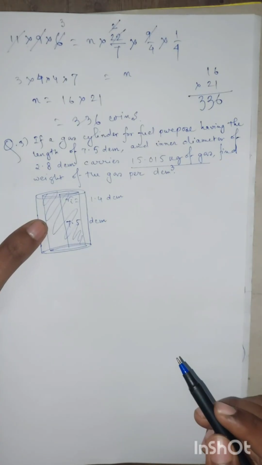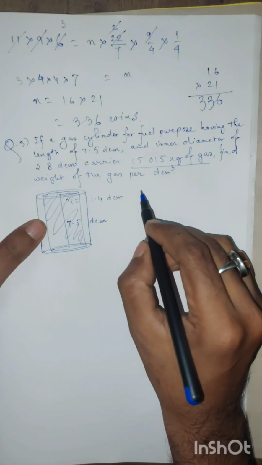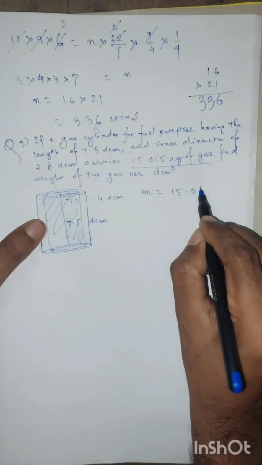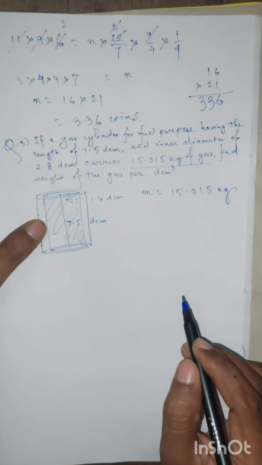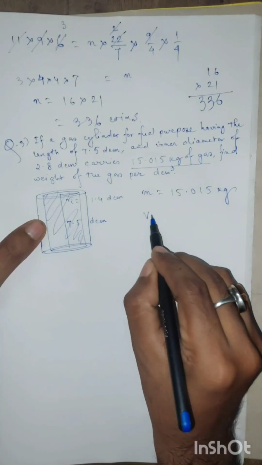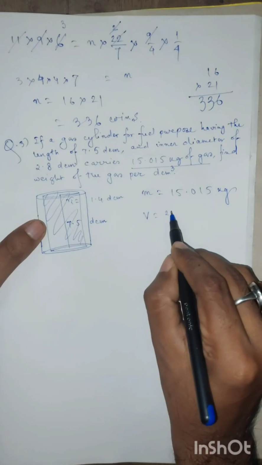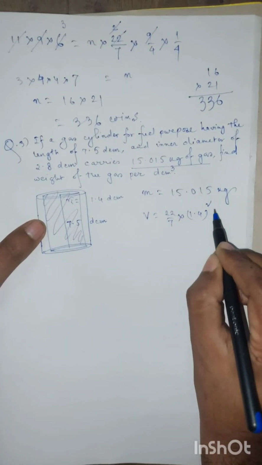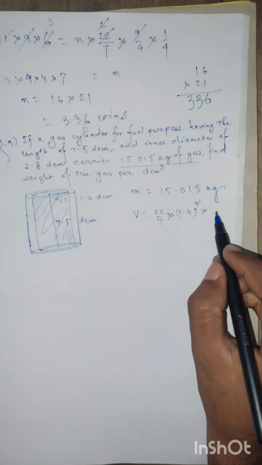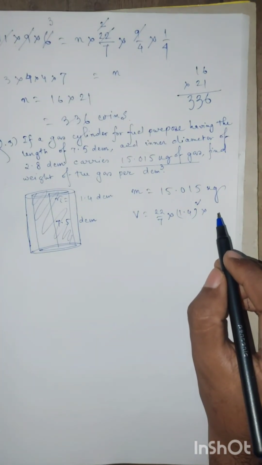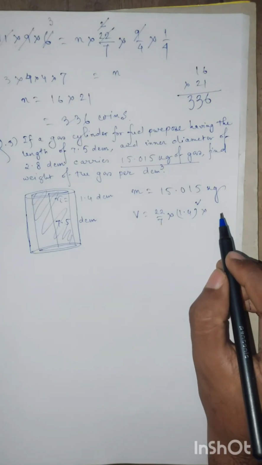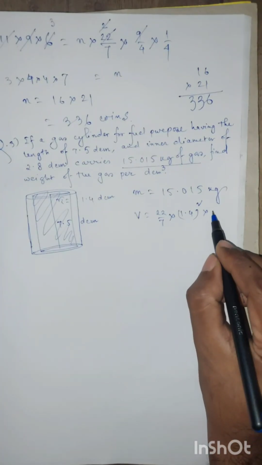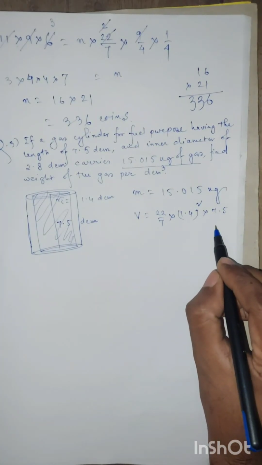Now let us first write the mass of the gas, 15.015 kg, and the volume is equal to 22 by 7 into 1.4 square into 7.5 dcm cube.